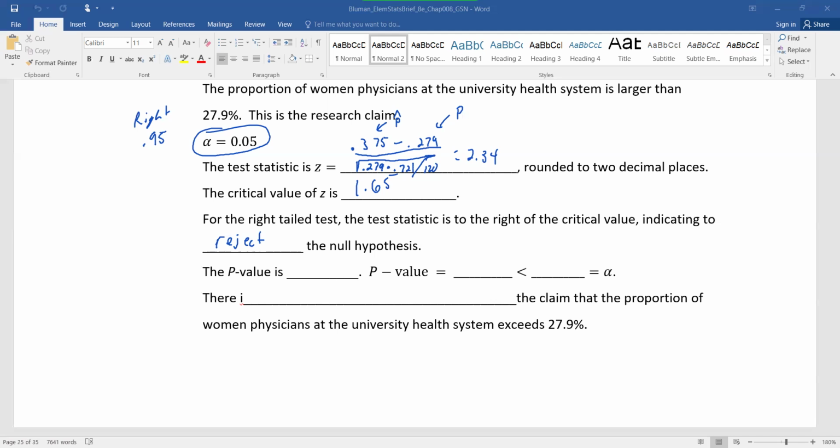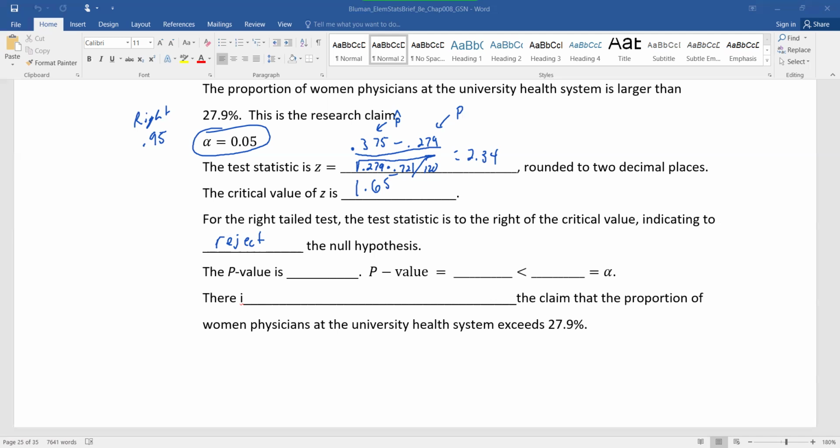How did we do the p-value last time? I'm going back to chapter 8.